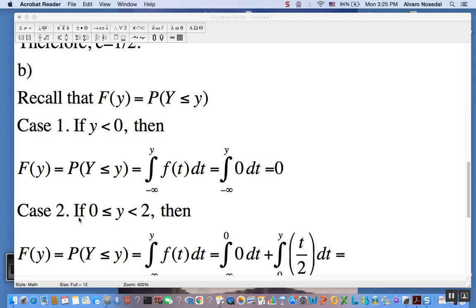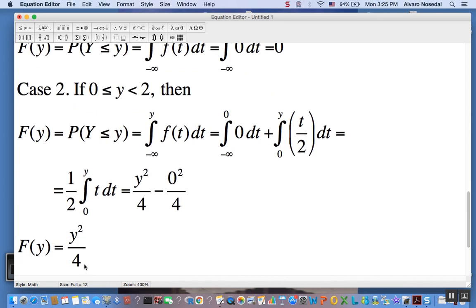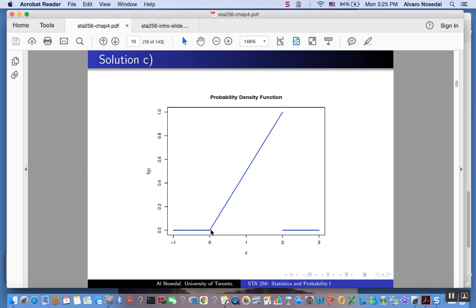Now, if y lives between 0 and 2, what we said is this will be y squared divided by 4, right? And going back to this, for instance, if you found the area up to 1, that would be the integral underneath that triangle up to 1, and that would be uppercase F at 1.